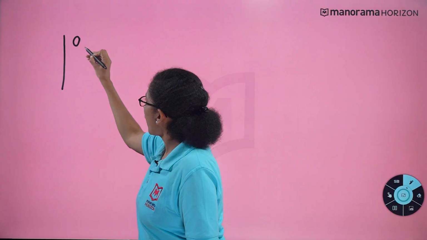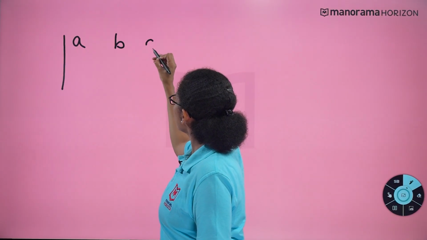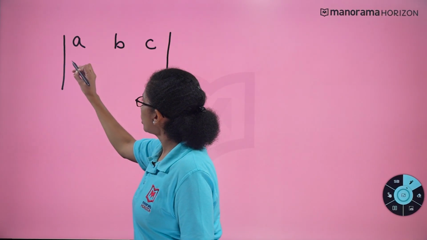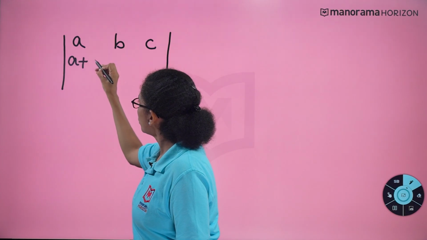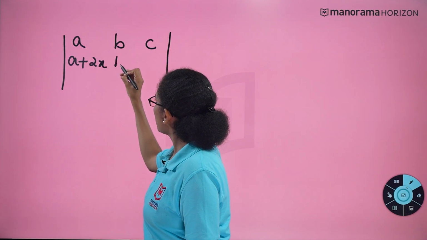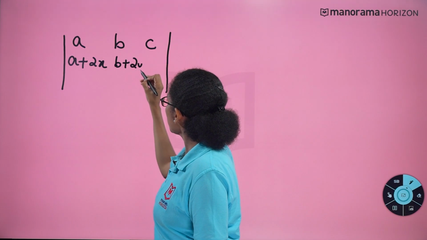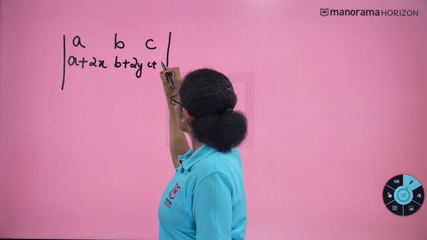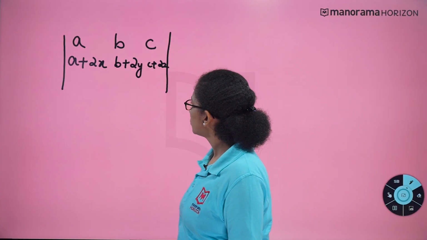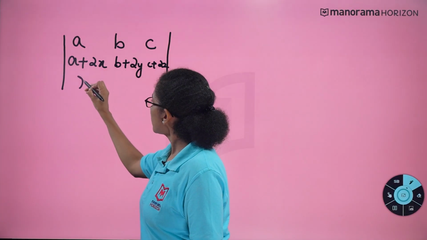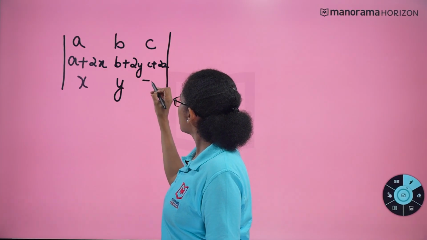Determinant A, B, C, second row A plus 2x, B plus 2y, C plus 2z, x, y, z.